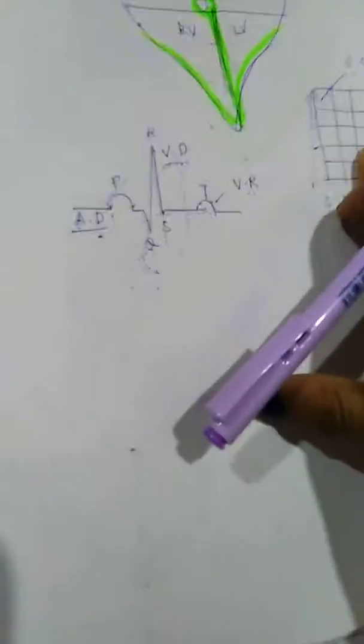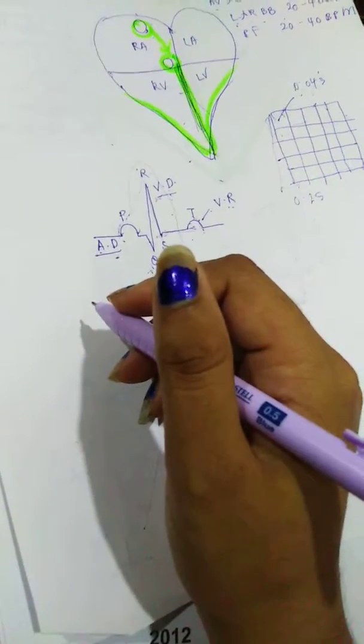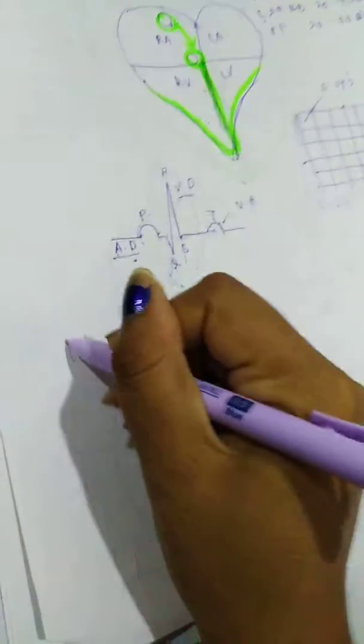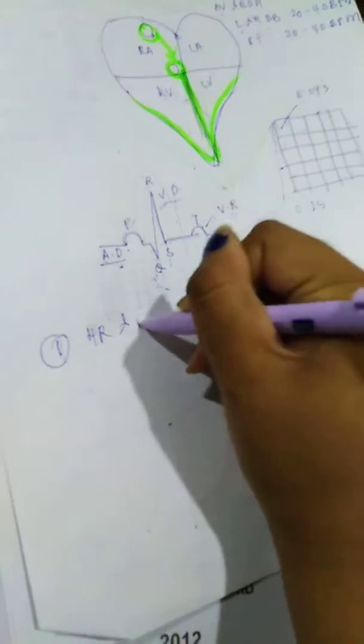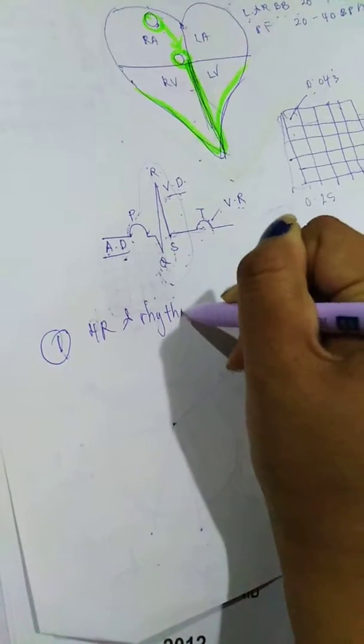Now, how do you interpret your ECG? I will teach you a simple 6 to 7 steps. Step number one is to calculate the heart rate and check the rhythm of your heart.